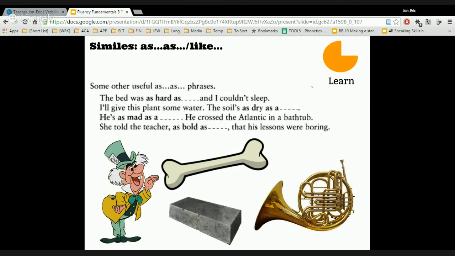He's as mad as something in a battle. He's as mad as Columbus. Come on. No, it's not Columbus. He's as mad as that. What's the guy wearing on his head?